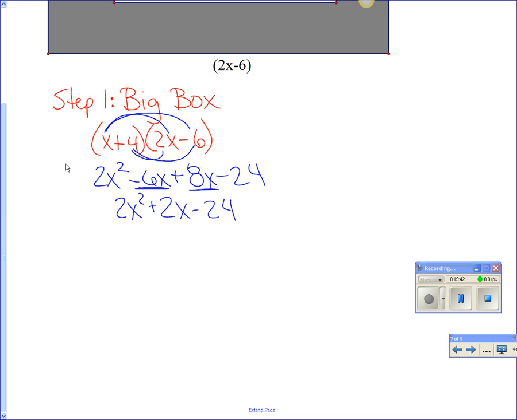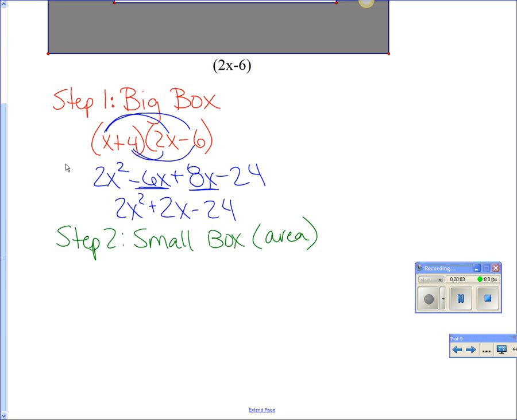All right, so step 1 is the big box. Okay, what do you think step 2 is going to be? The small box. Okay, so step 2 is the small box. We're finding the area of it. So step 2 is to find the small box. Okay.